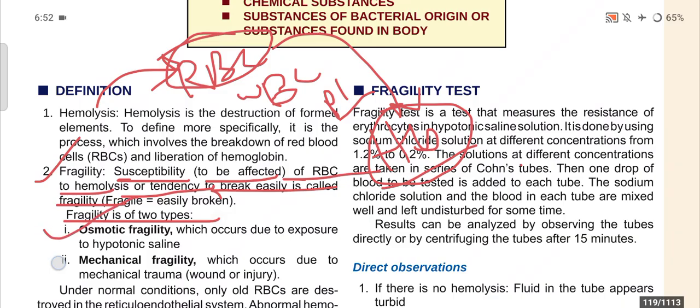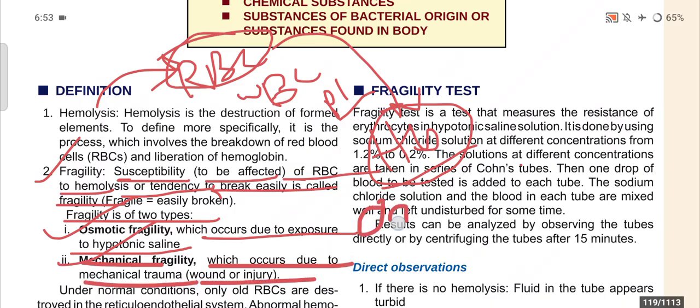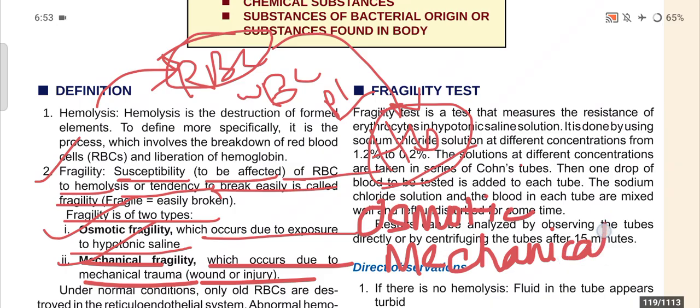One is osmotic fragility, one is mechanical fragility. Osmotic fragility occurs due to exposure to hypotonic saline, and mechanical fragility occurs due to mechanical trauma, wound or injury.